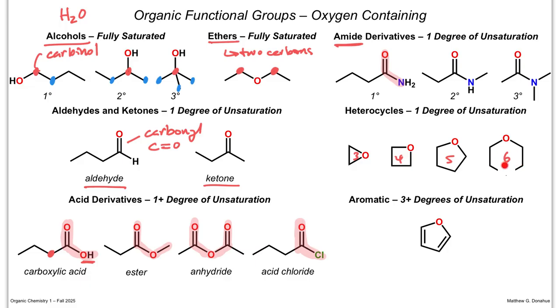A 6-membered ring with oxygen is pretty common in nature. We'll talk about those in organic 2 when we look at carbohydrates, so glucose and derivatives like that. Whatever the bigger than 6 is. Yeah, you can go beyond. I'm just showing you sort of the more common ones.